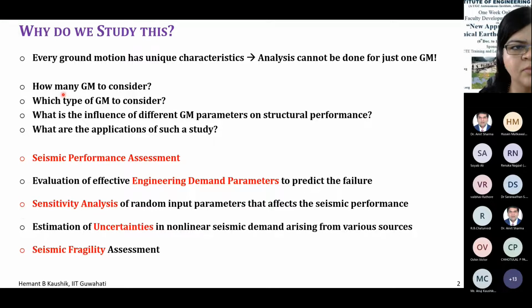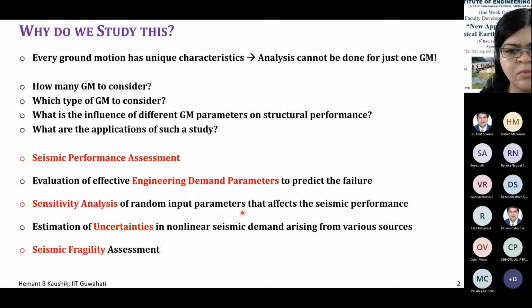Okay. Third is the sensitivity analysis of the input parameters that can affect the seismic performance. Now, these input parameters can be anything. It can be width of column, it can be grade of concrete, it can be live load acting on the slab.